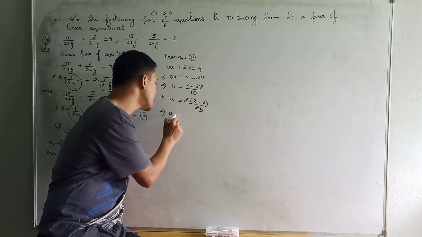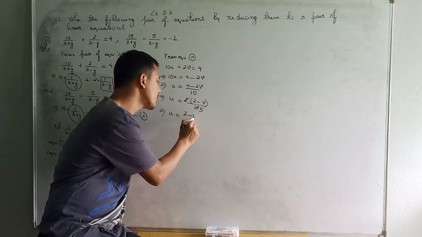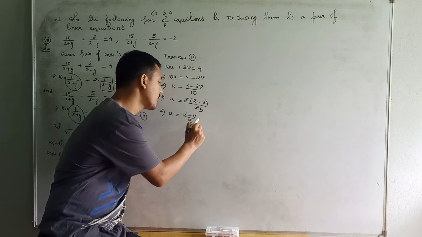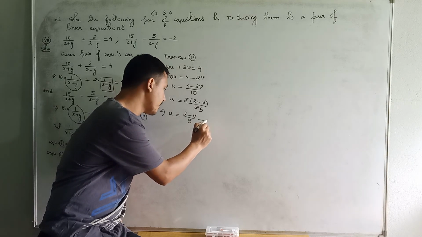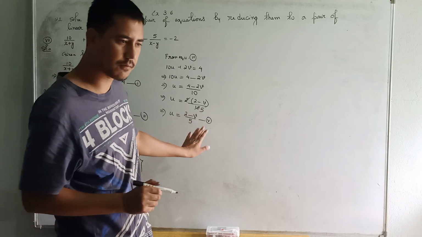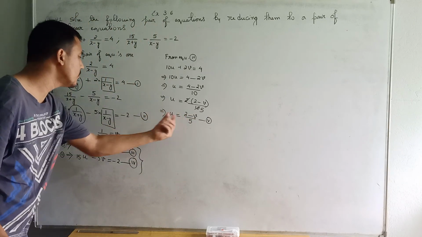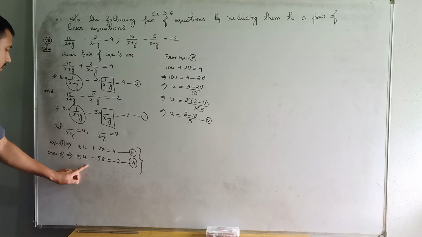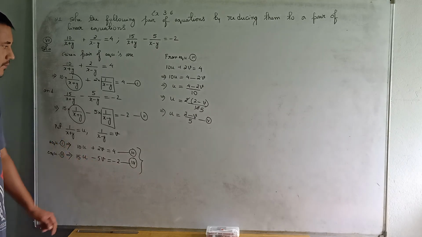Then we have u is equal to 2 minus v upon 5. This is your equation 5. So we have found out u, even though it is in terms of v. So this u can be substituted in the next equation 4, right?